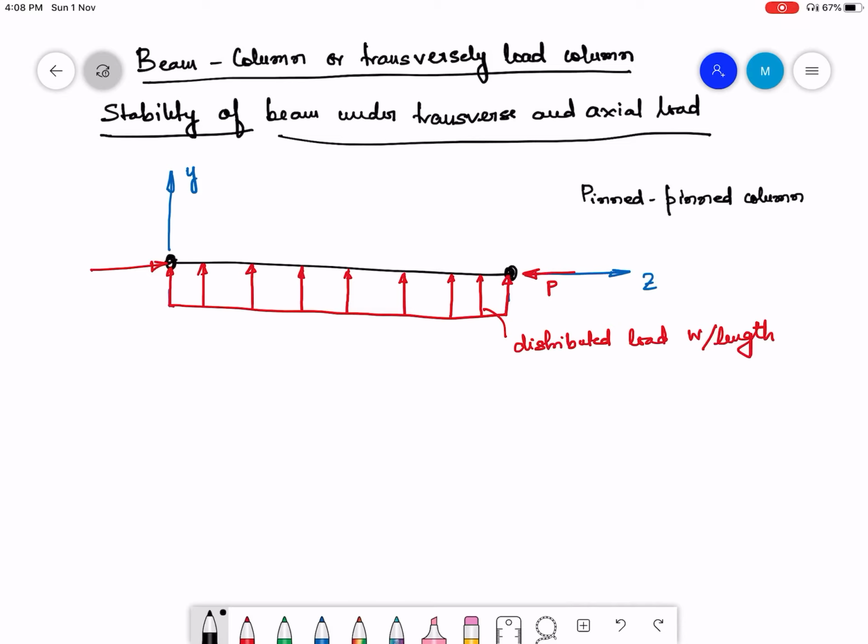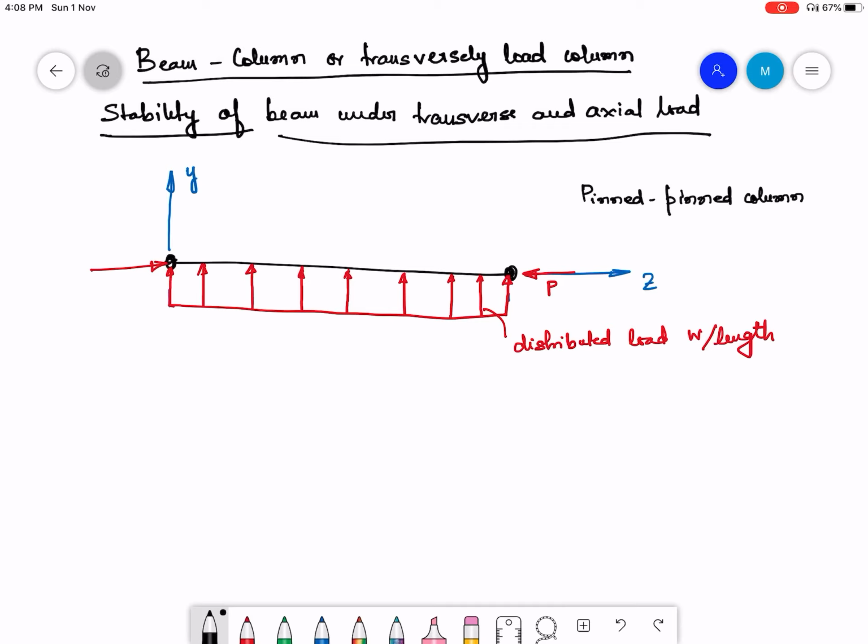We also used the analysis for a column with initial imperfection to derive a Southwell plot, which is the most conventional technique used to experimentally find the critical load of a column.